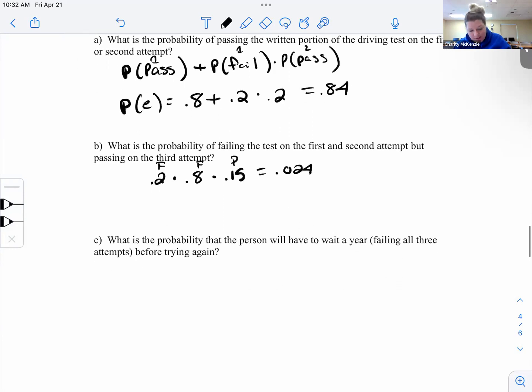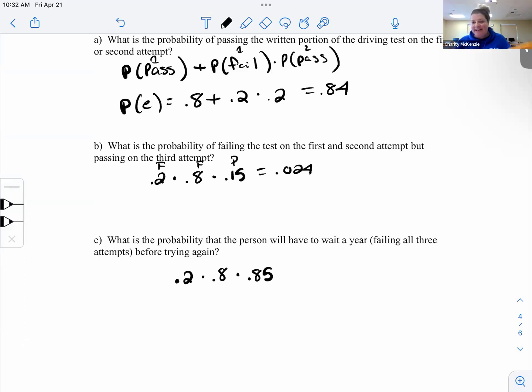Okay, what's the probability that a person will have to wait a full year? So fail, fail, fail. So first fail is only 20%. Second fail is 80%. And the third one is 85%. Really, it's not very likely you'll fail the first time. But if you fail the first time, your probability of passing the next one is still very low.